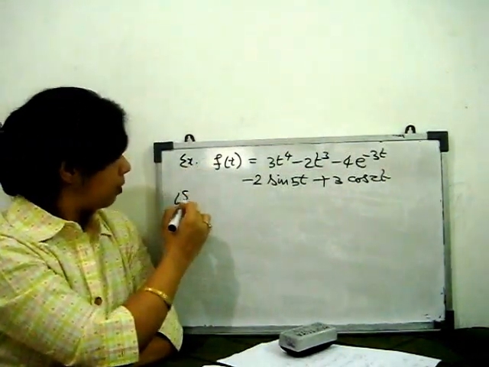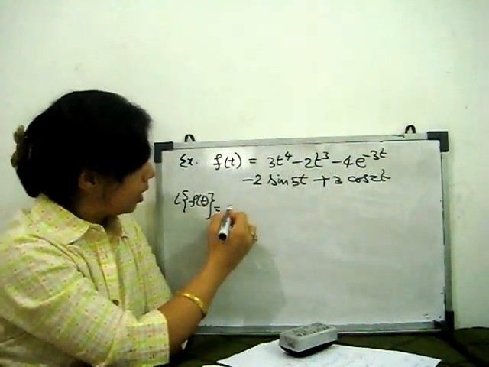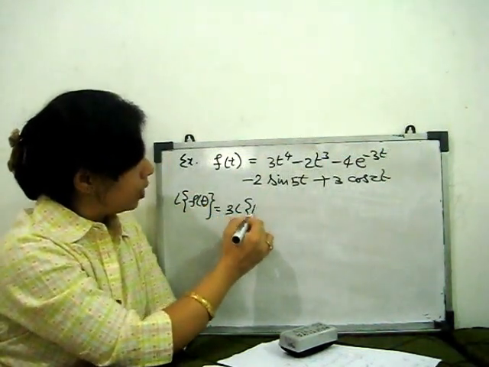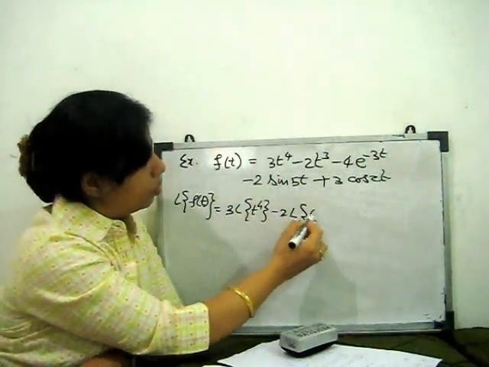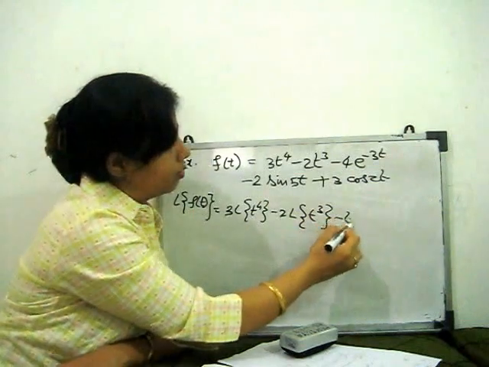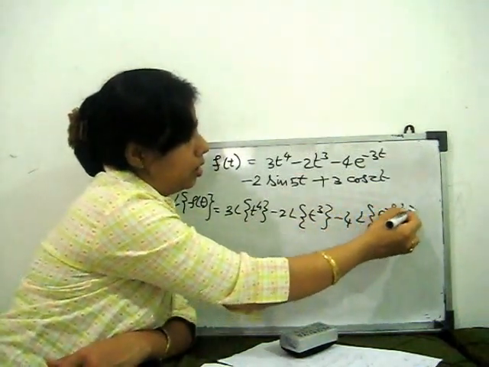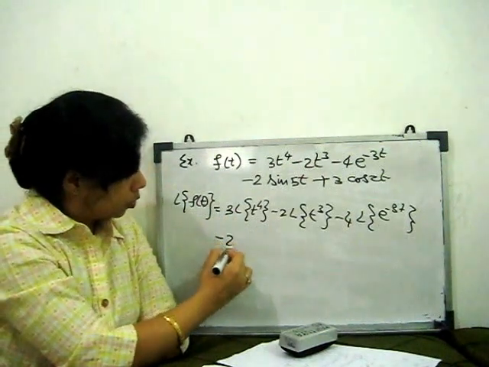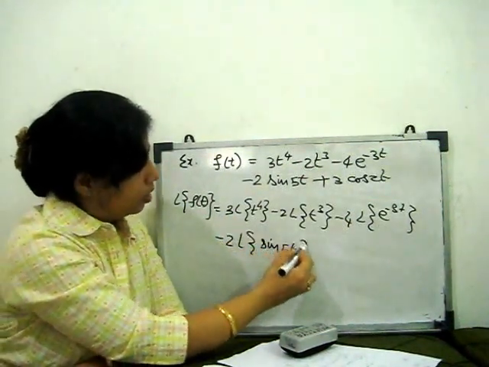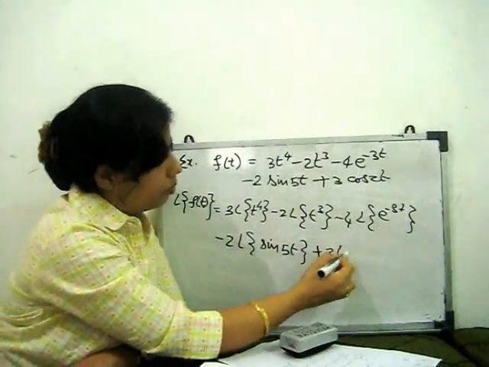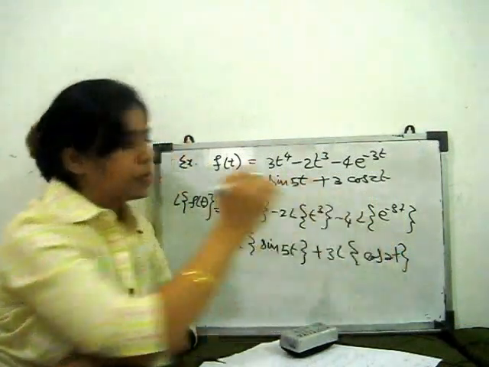So the Laplace transform of f(t) is 3 L of t to the power 4 minus 2 L of t cube minus 4 L of e to the power minus 3t minus 2 L of sin 5t plus 3 L of cos 2t.